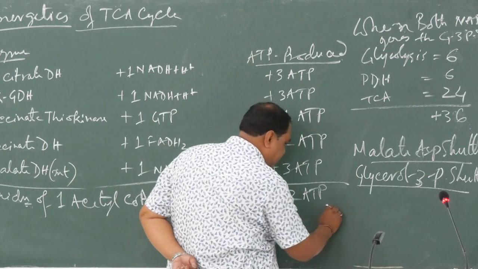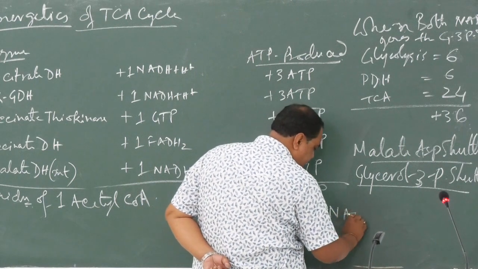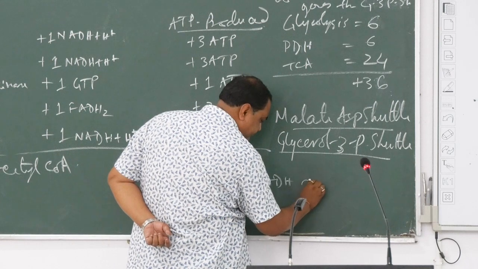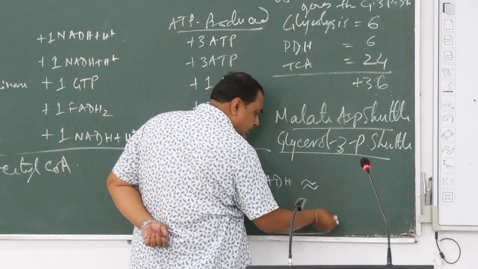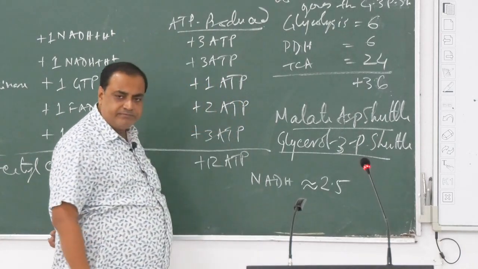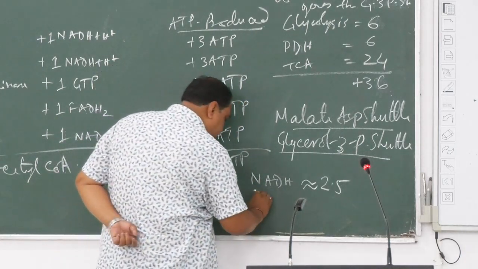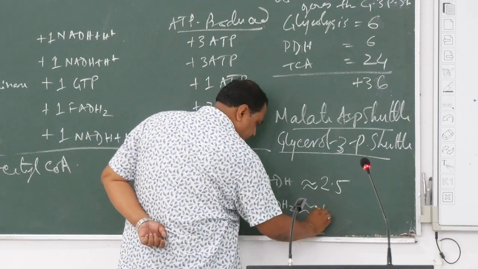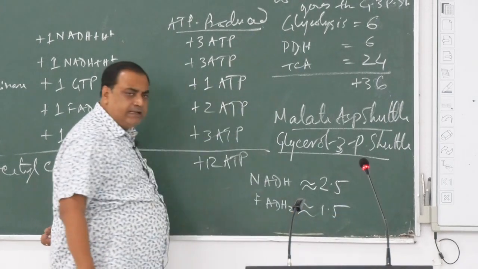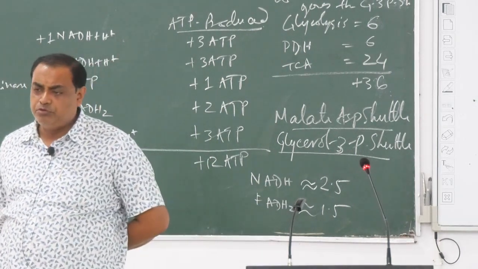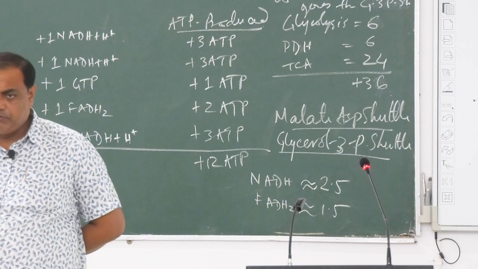So, one NADH will produce approximately 2.5 ATPs. FADH2, instead of 2, it is around 1.5. You know, 2 and 3 before.